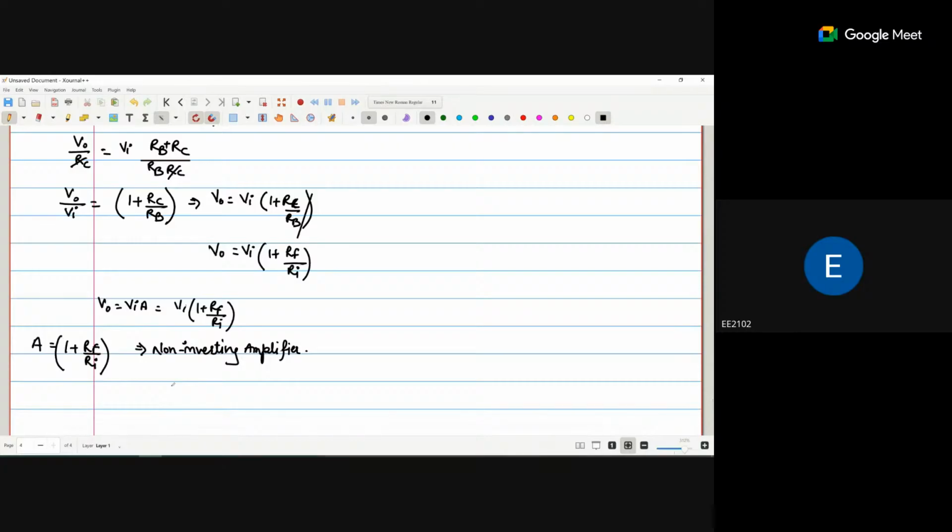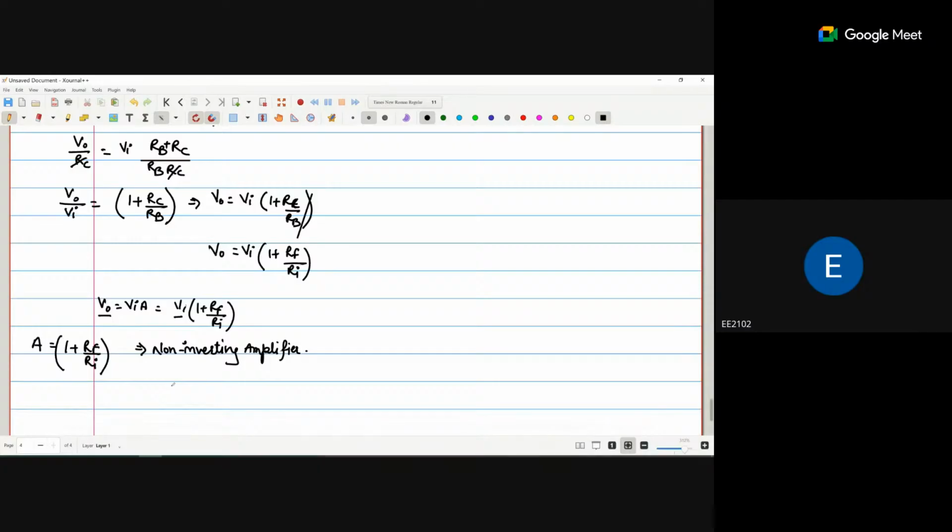Now the point is why we call it a non-inverting amplifier. If you see, V0 and Vi both are in the same phase, there is no minus sign. If I apply the input voltage, we are getting the same phase output voltage with some gain, and that gain is 1 plus RF by R1.